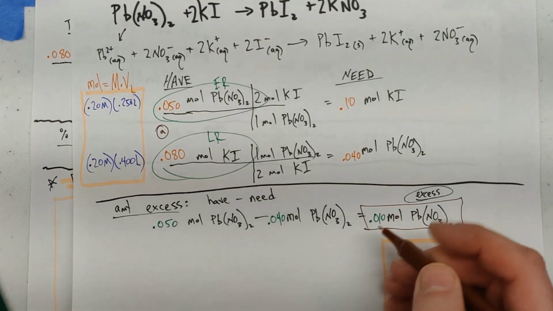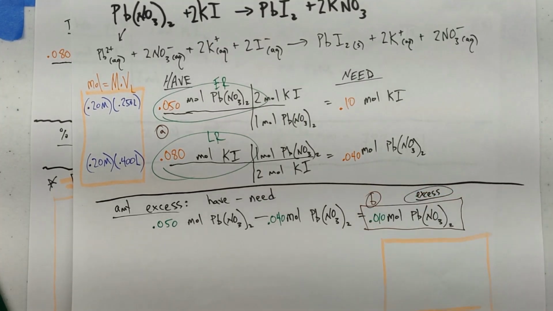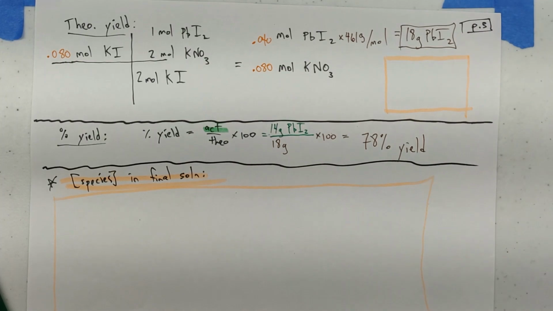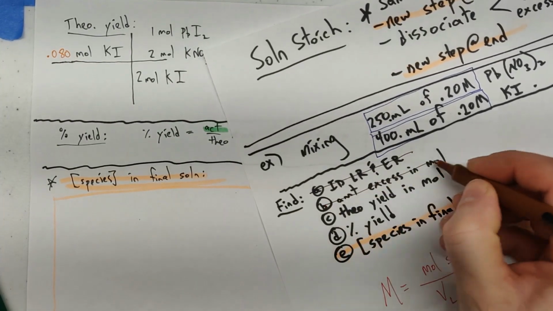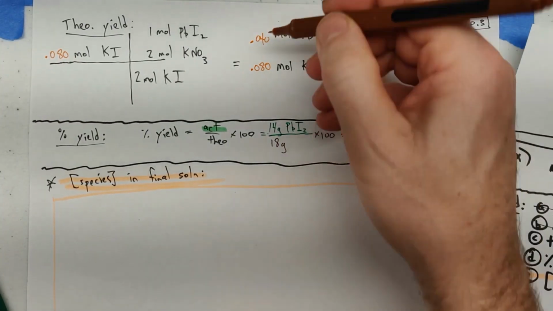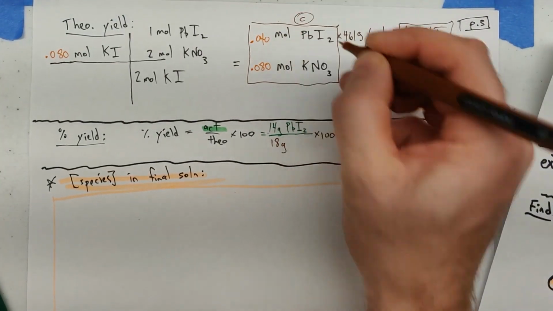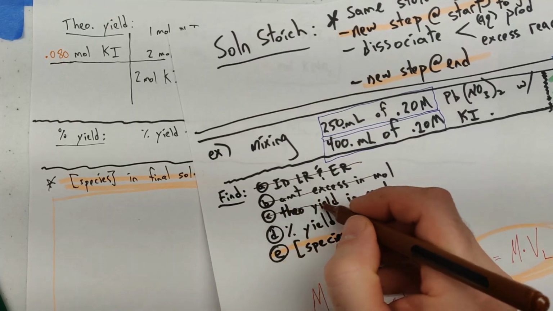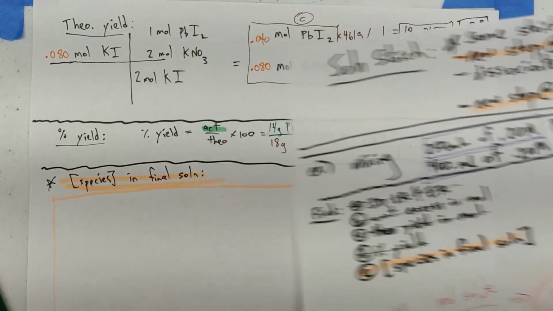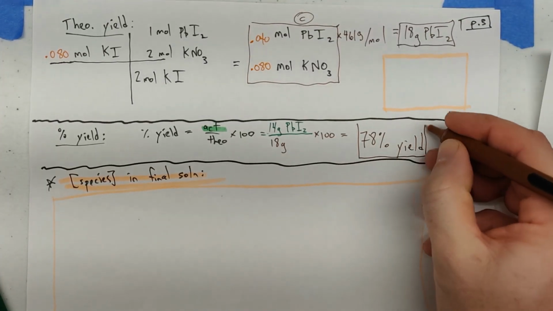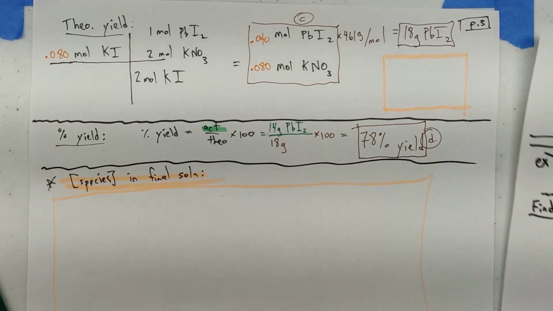This is our part B. Did we get a theoretical yield in moles? Yes, those are those numbers right there. That's our part C. Did we get a percent yield? We did. That is part D.